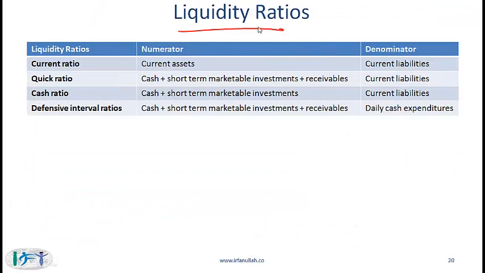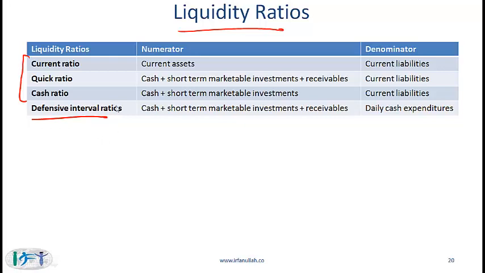The liquidity ratios are shown over here. We have already talked about them in the reading on the balance sheet, but very briefly, liquidity ratios give us an understanding of how easily a company can meet short-term obligations. The ratio that we didn't see before is the defensive interval ratio.